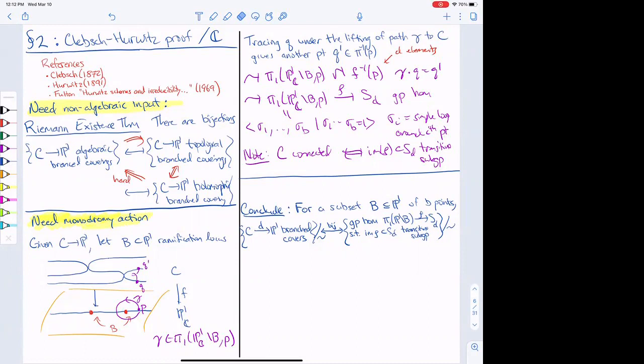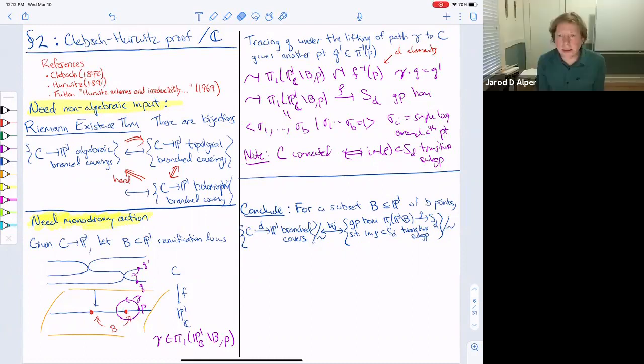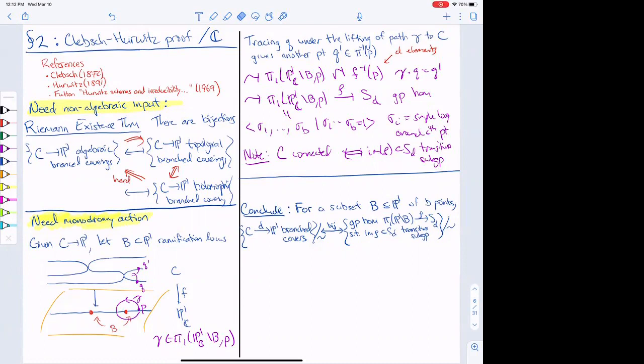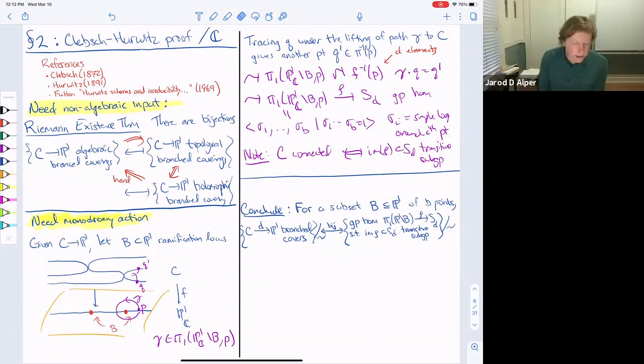Are we just considering C to be smooth? Yeah, C is smooth here. Even in the picture, it's smooth. I'm drawing it like this, but there's not a singularity here.